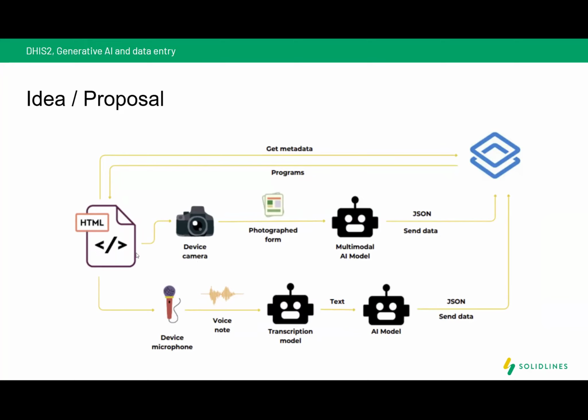After that, we took the photo and sent the photo to the LLM, to the AI. And we are sending the metadata of the program, the photo, and some instructions. That is what is called a prompt. And at the end, this is generating a JSON file that is sent back to DHIS2.